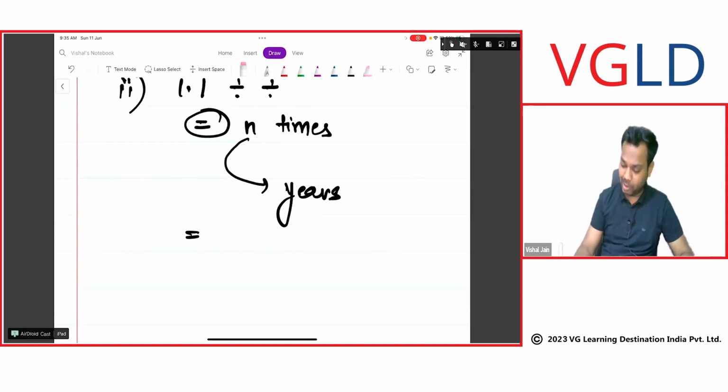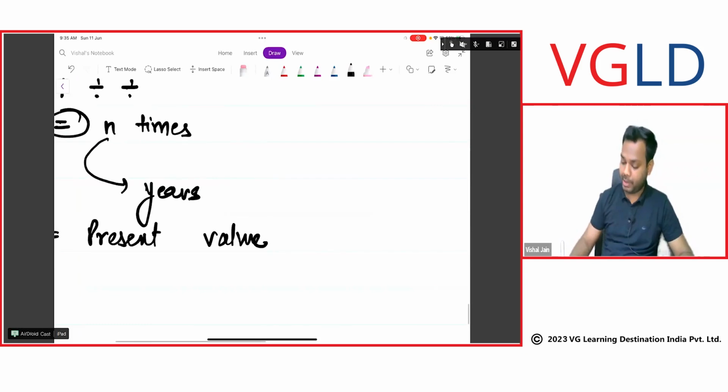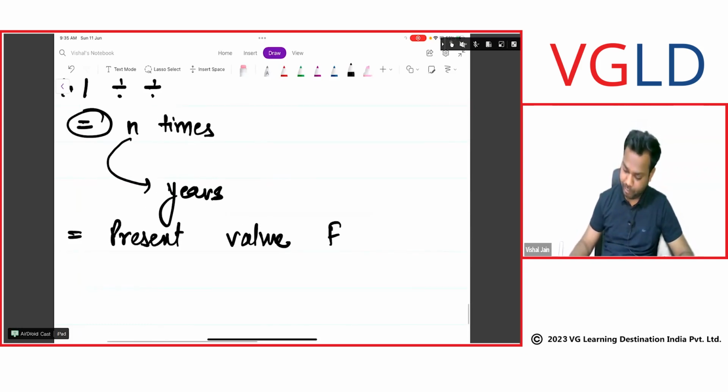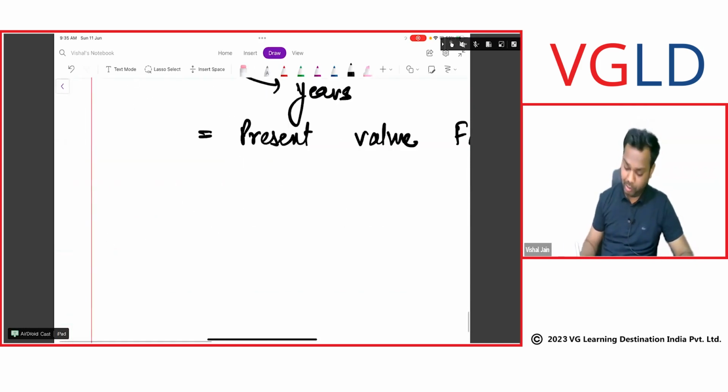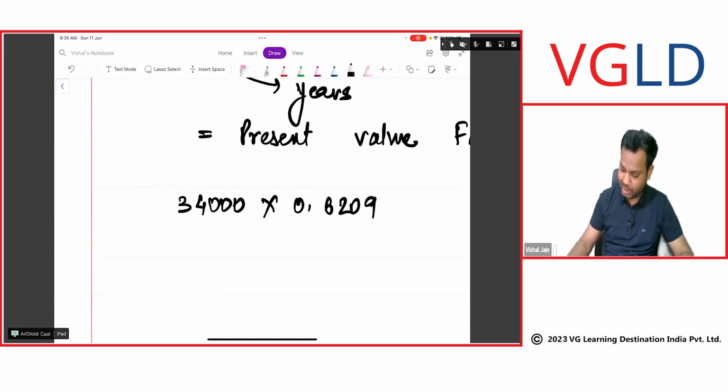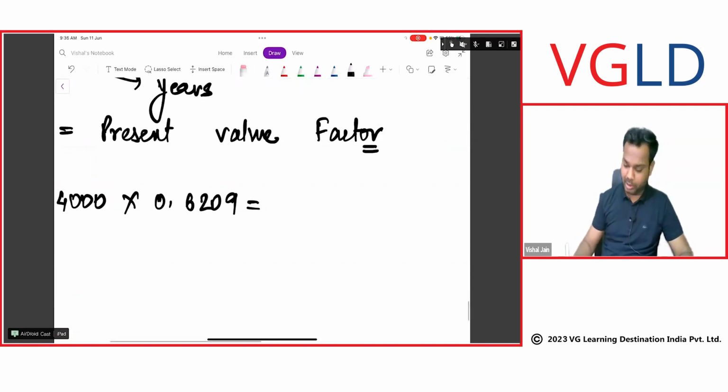The value that comes up is called the present value factor, right? So what is the value? 0.6209. So it is 34000 multiplied by 0.6209, which is equal to how much? 21111.